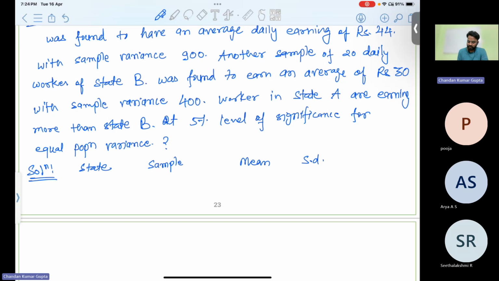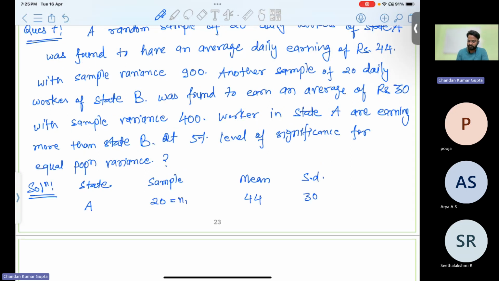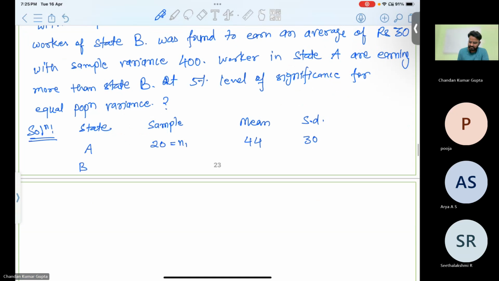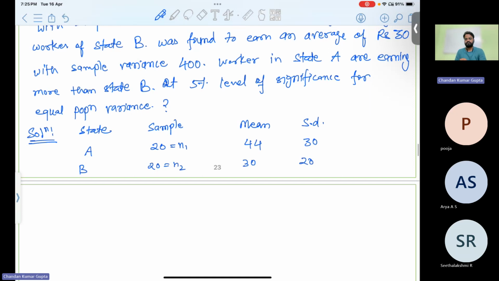Since the sample variance is given, it is the sample standard deviation, capital S. Suppose A has n1 equal to 20, the mean is 44, and the standard deviation is 30 because 900 is the sample variance. State B also has n2 equal to 20, y bar is 30, and the variance is 400, so the standard deviation is 20.